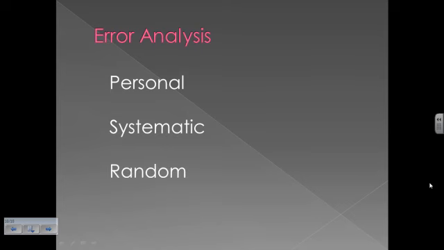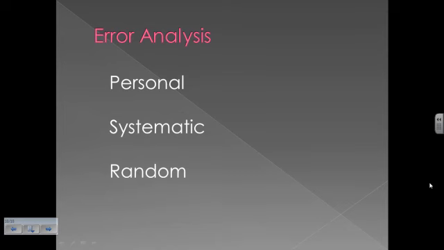The third type is called random error. Random errors are things that we have no control over. Unpredictable, unknown variables that we can't do anything about, and we're never going to be able to completely eliminate them. When we talk about error analysis, we want to focus on systematic errors, those errors that are caused by something in the instrumentation or something in the measurement system that we're using.